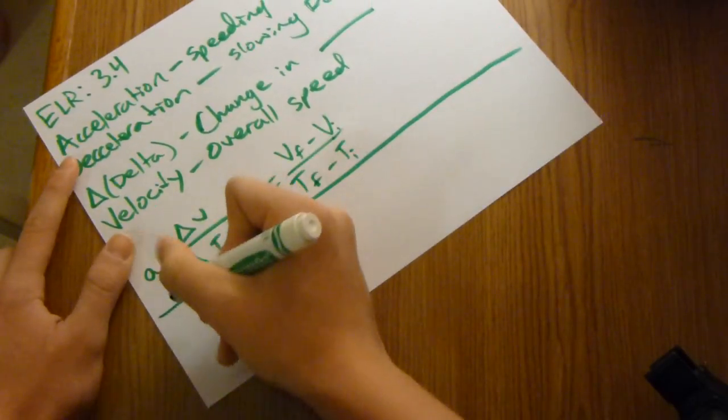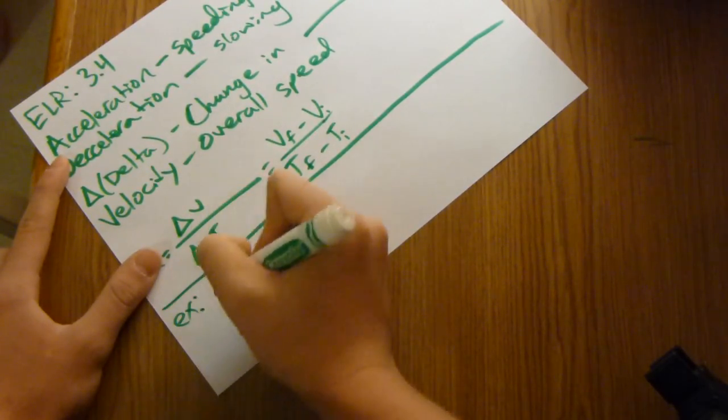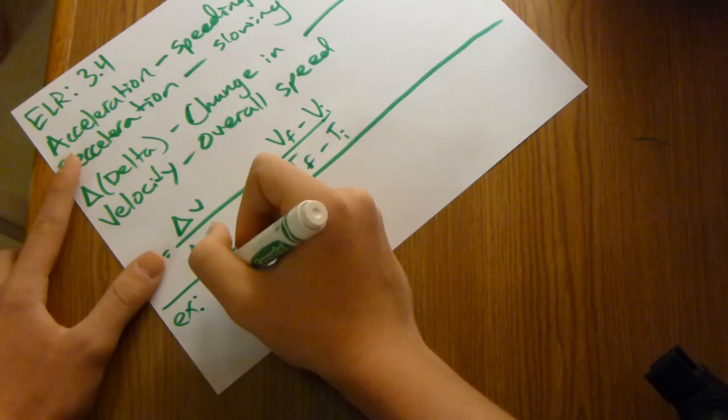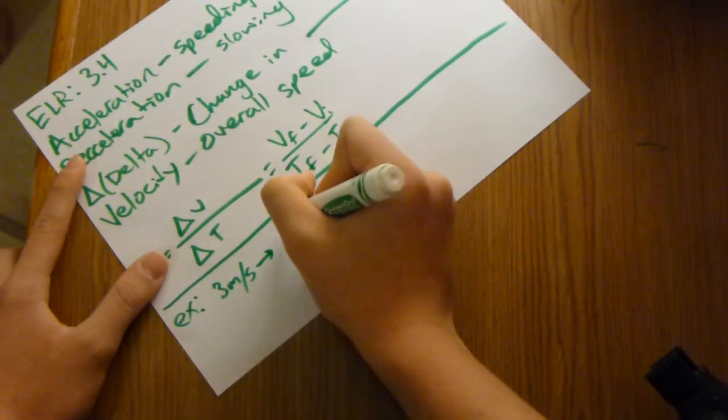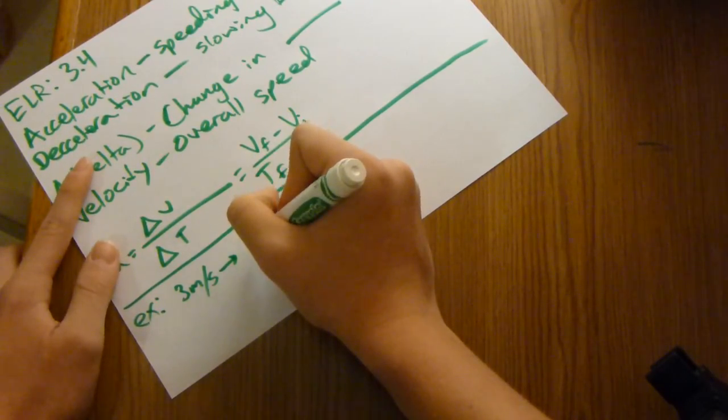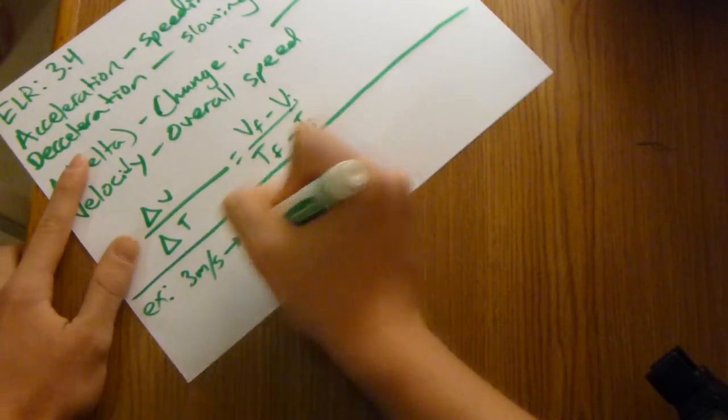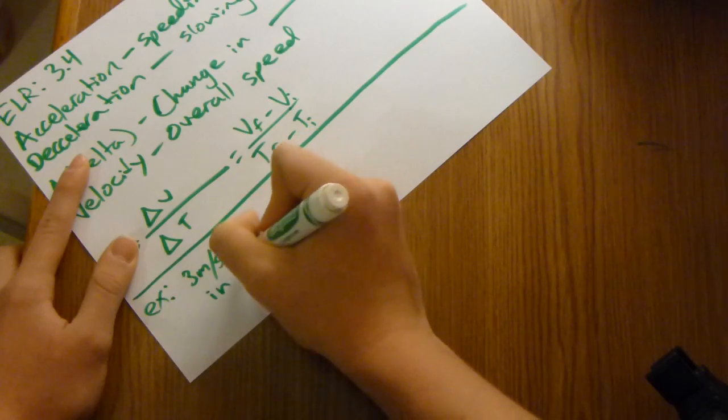So some scenarios or examples. Someone accelerates from 3 meters per second to 11 meters per second in 5 seconds.